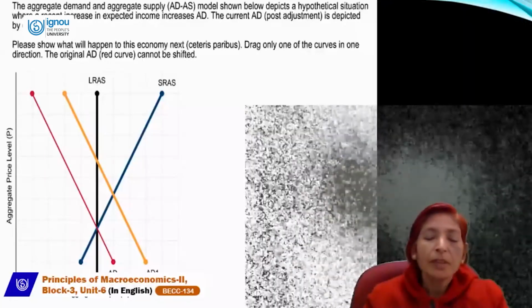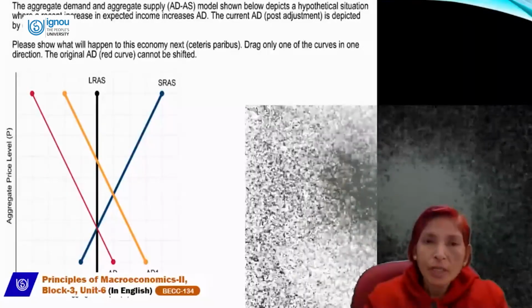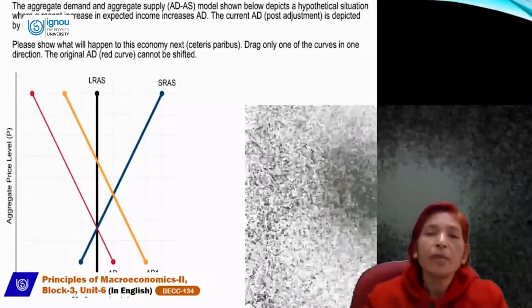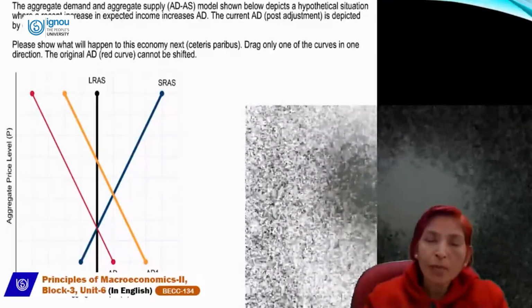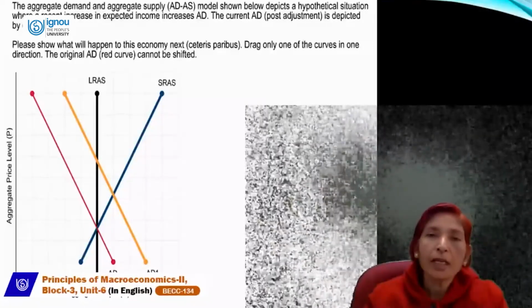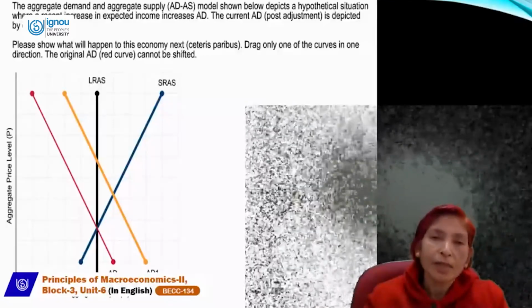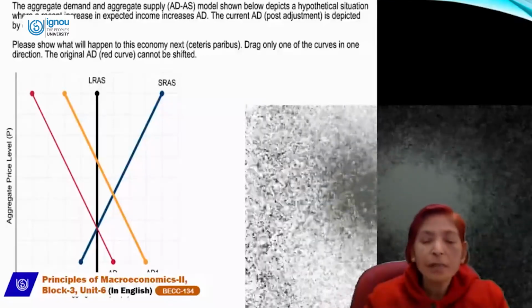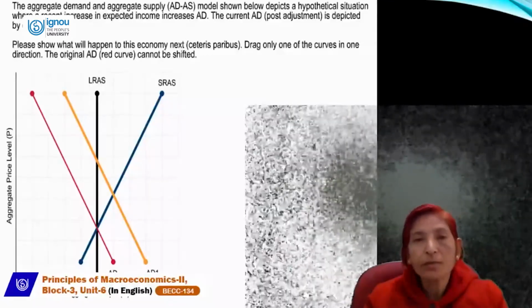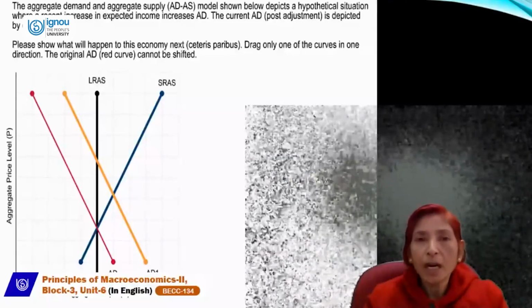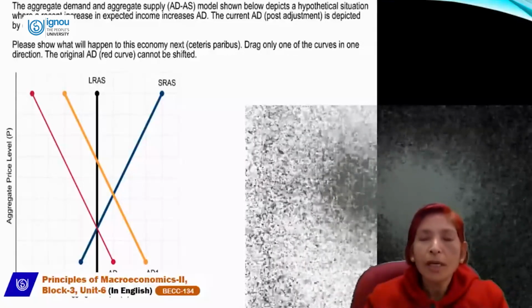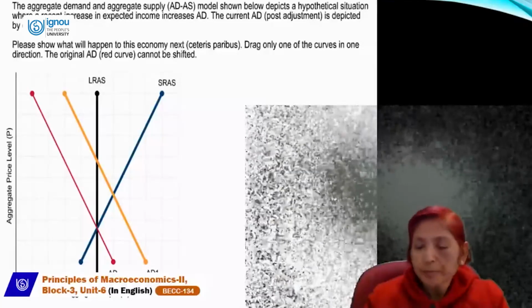And if the government follows contractionary fiscal policy and the RBI also follows contractionary monetary policy, then aggregate demand will fall and the curve will shift to the left-hand side. So these are the main causes of shift in aggregate demand, which is called aggregate demand shocks.